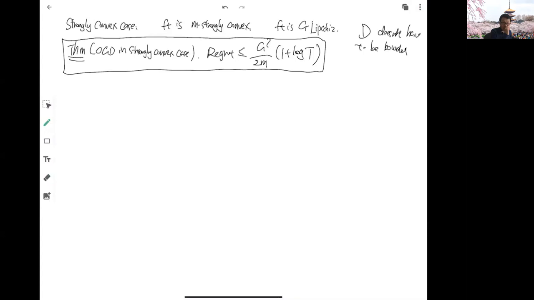We'll see how that is connected to the convergence rate of the strongly convex case after we've proved this theorem. This is improved from something that's order square root of t.